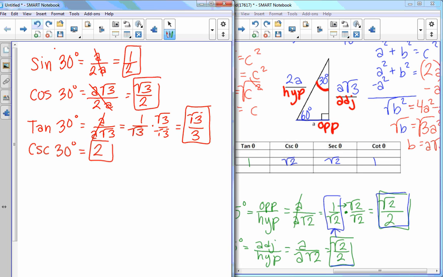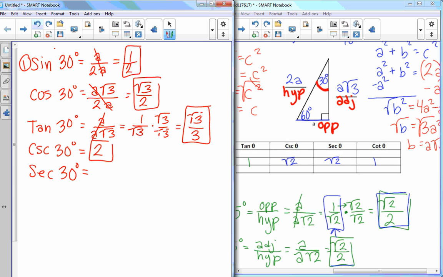Okay? And then secant. Secant 30 degrees is the reciprocal of which function, Maddie? They go left.